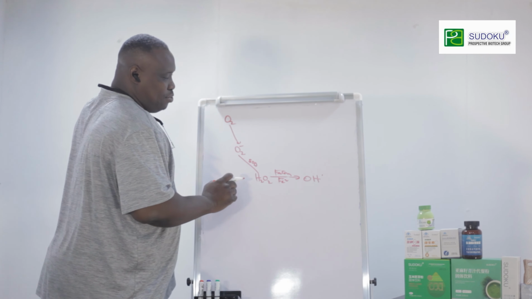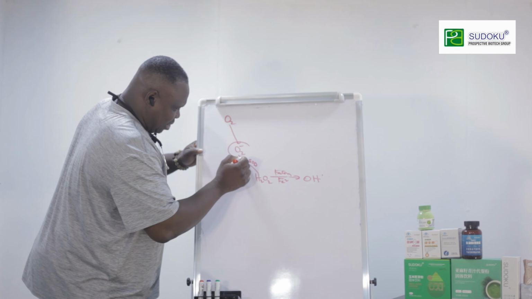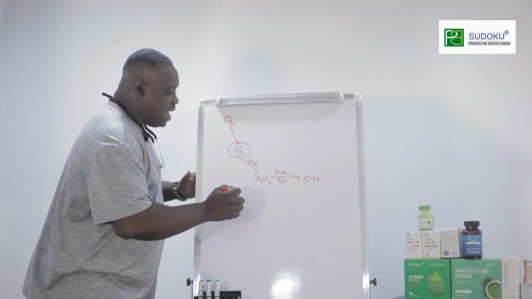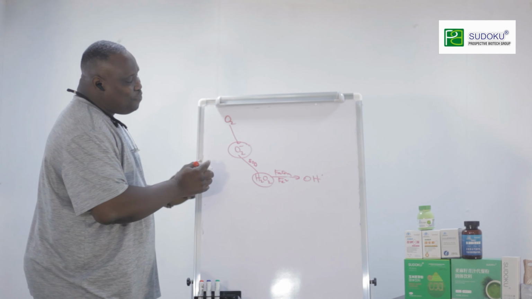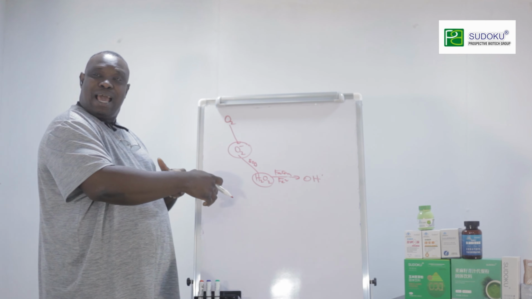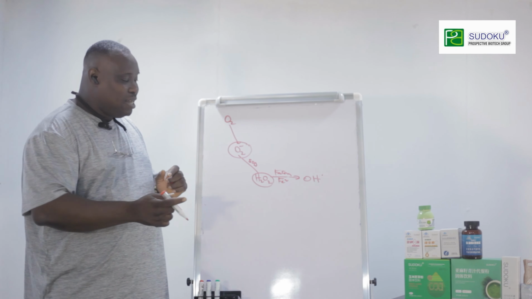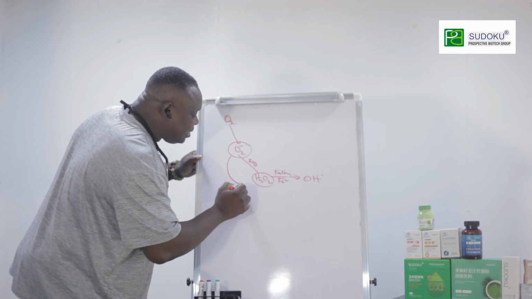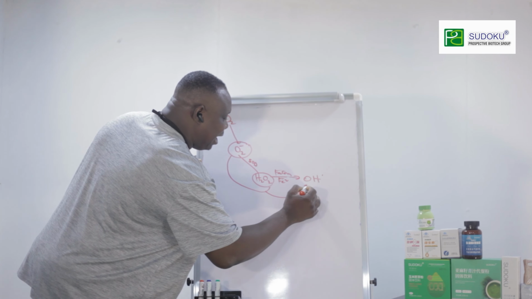Okay, now we have superoxide anion, we have hydrogen peroxide. Now, if hydrogen peroxide and superoxide anion bioaccumulate, they can interact to also form hydroxyl radical.